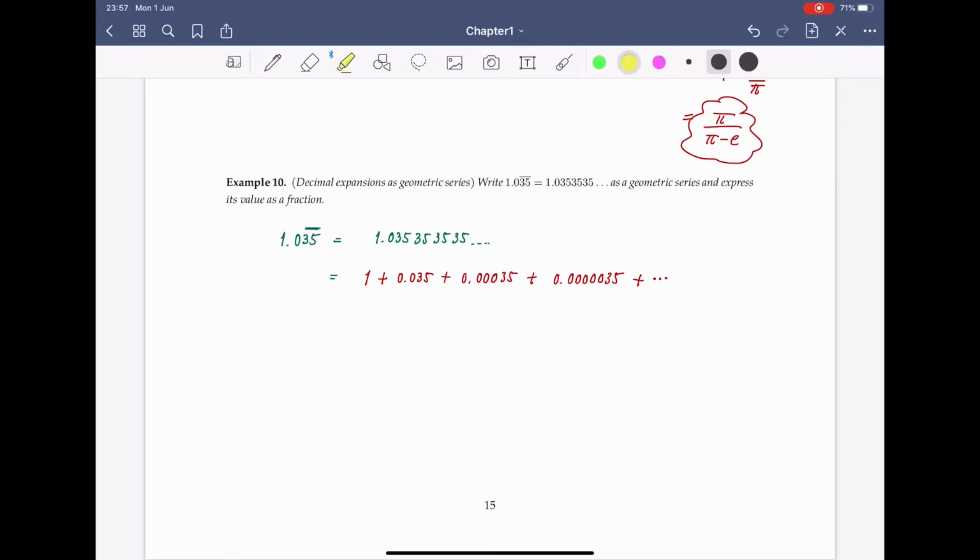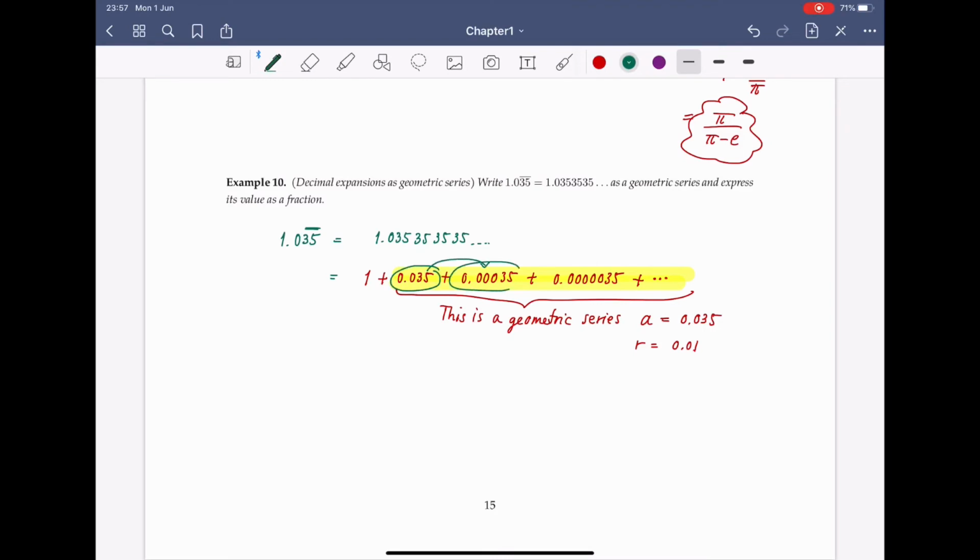And then you can see that the term that I highlight in yellow here, this is a geometric series, right? So just this part, this is a geometric series that has the first term a equal to 0.035 and the common ratio r to be 0.01, because when you move from the previous term to the next term, you multiply by 0.01.